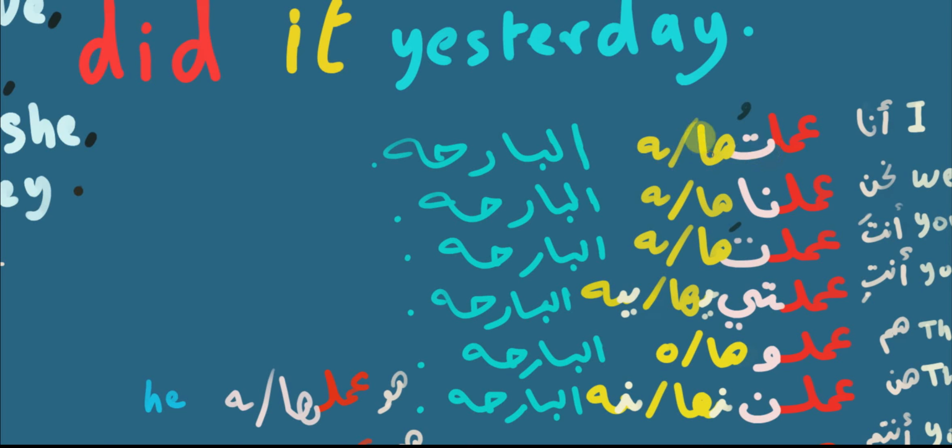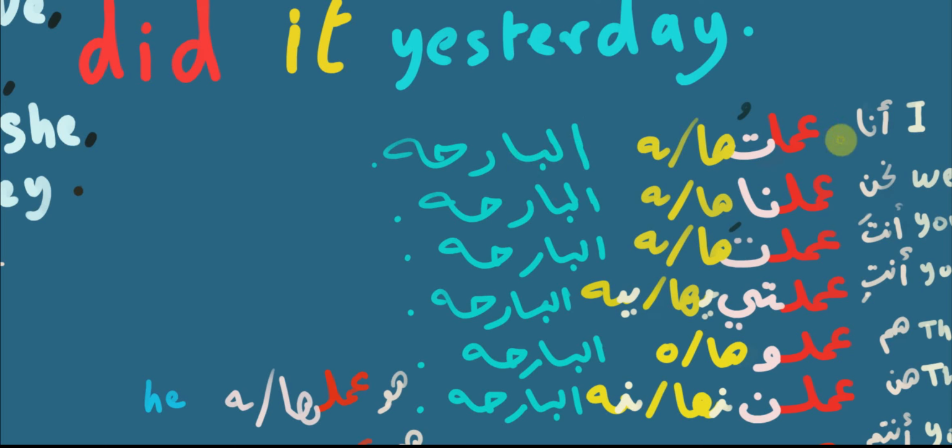If it's feminine, it's a ha. If it's masculine, it's a hu. Al-bariha here, this al here is the in English, and bariha is yesterday. So al-bariha is like saying the day that passed, or the yesterday. Of course, I'm trying to get the literal, but you can't say it like this in English. But in Arabic, that's how it's said.